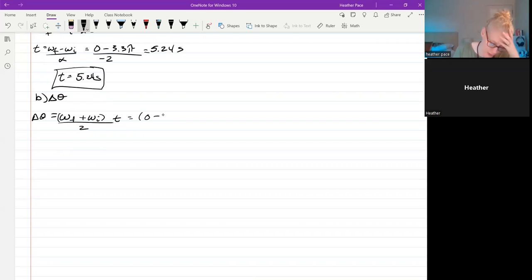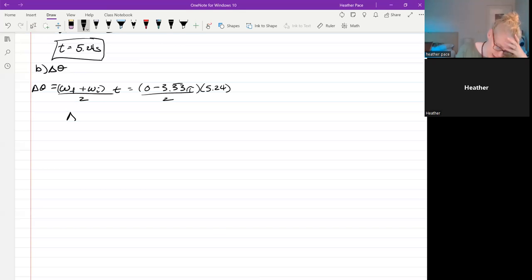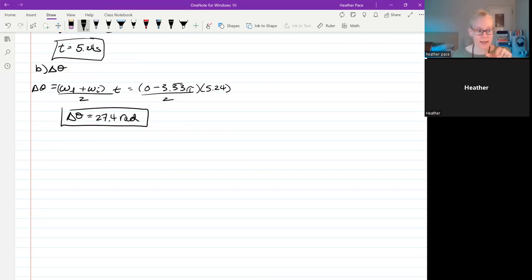We're going to, again, plug in values, divided by 2 times the time. And we end up with delta theta equals 27.4 radians. All right, so that was set 15.